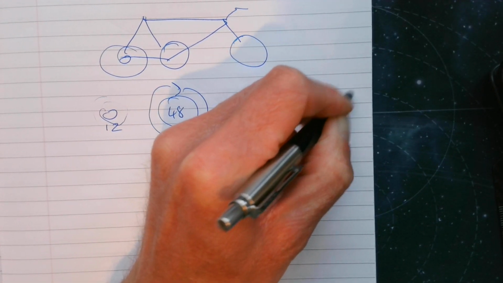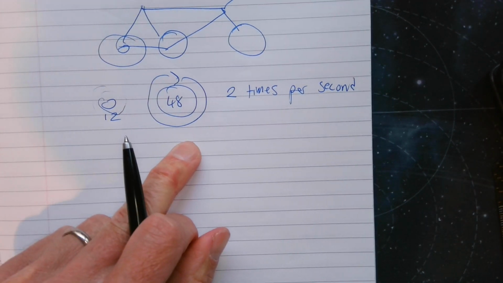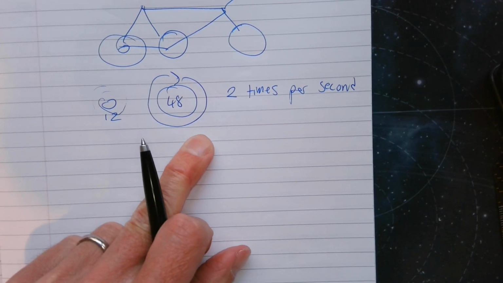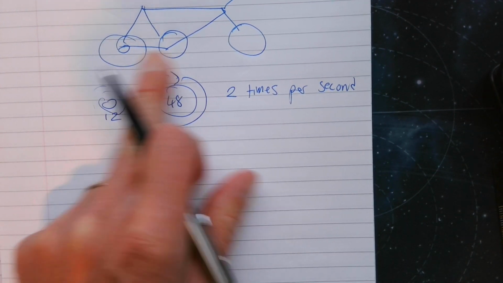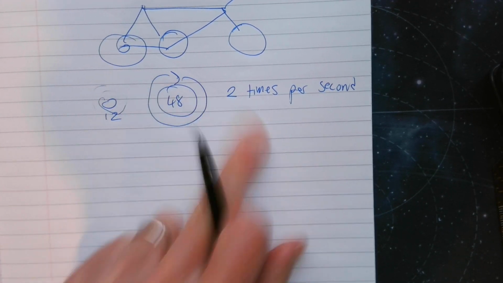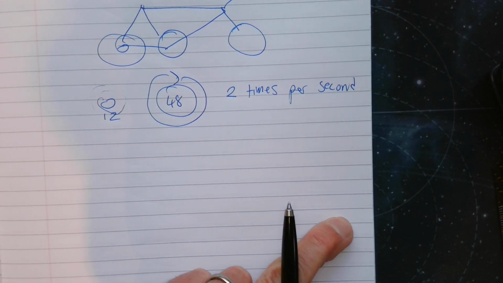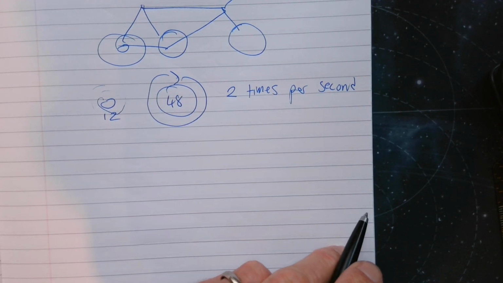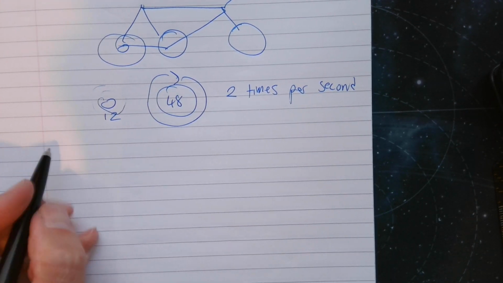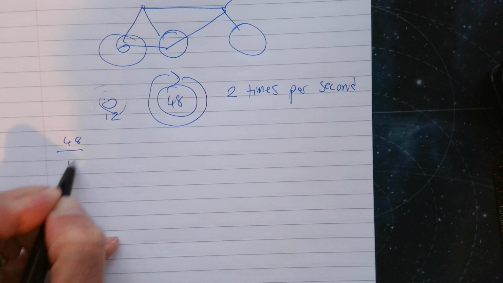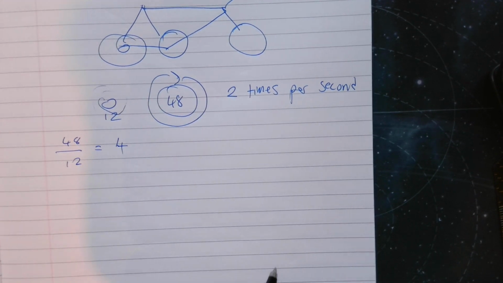So there are a couple of ways we could work this out. We could look at the ratio between the two. I suppose we could calculate the number of teeth that are going to move through a point in the second if it spins round 2 times. I think what we'll do is a ratio here. So 48 divided by 12 is going to give us 4.